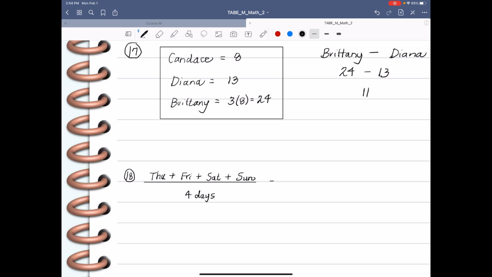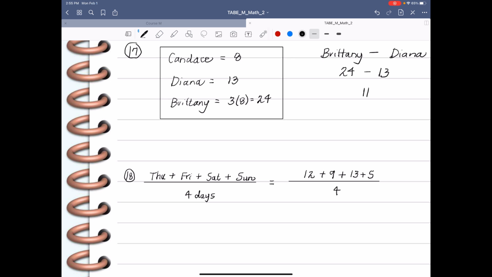So let's take what we know to be true. On Thursday, she caught 12 fish. On Friday, she caught 9. On Saturday, she caught 13. And we don't know Sunday yet, so I'm just going to let that be an S. But we know that we would have to divide by 4.